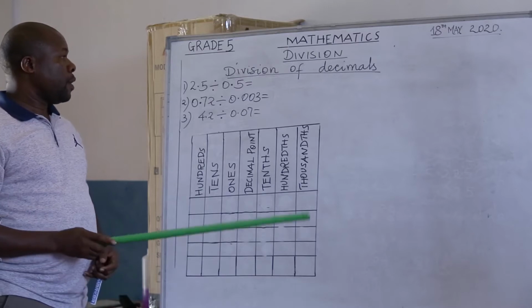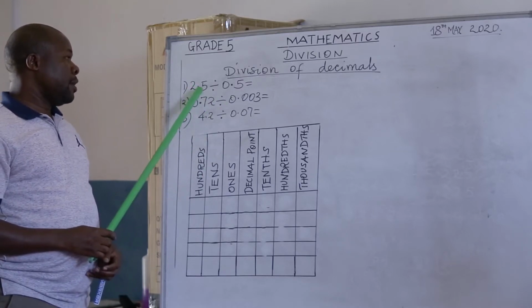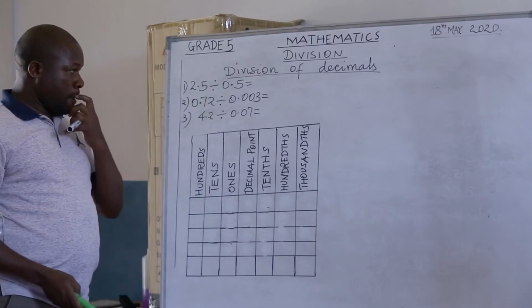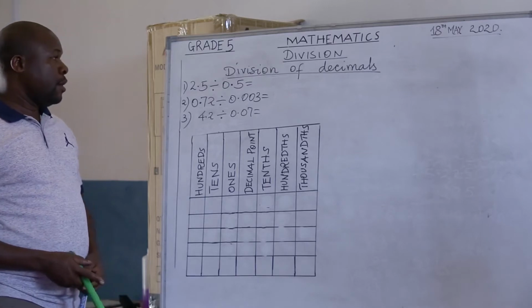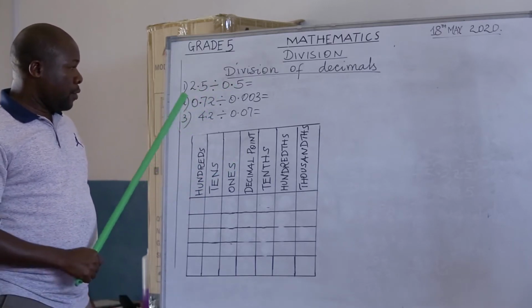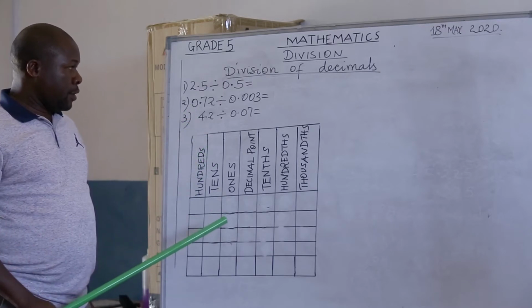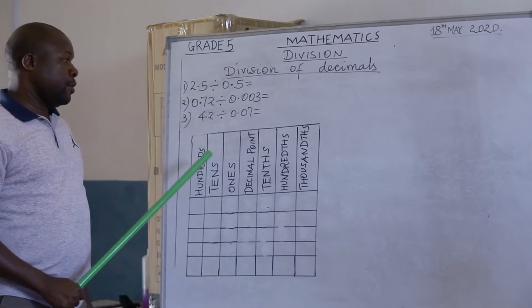So today we are taking on how to divide numbers with decimals. Having familiarized ourselves with decimal numbers, today we are going to take on division of numbers after we have learned how to multiply the decimals.